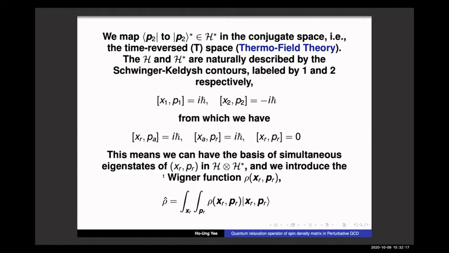Especially, it should be emphasized that these R variables, XR and PR, commute. That means that in this language of quantum mechanics, in the product of the original space H and its complex conjugate H star, where the density matrix lives, we can simultaneously diagonalize these two R variables. So we can introduce wave functions in terms of the simultaneous eigenstates of XR and PR, and that wave function is nothing but the Wigner function we usually talk about.